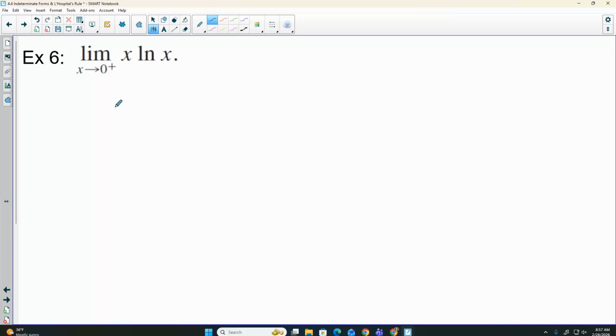The limit as x approaches 0 from the right of x natural log of x. Currently what we have is 0 times the natural log graph. As you're approaching 0 from the right, it's going to negative infinity. So we don't know what that is.